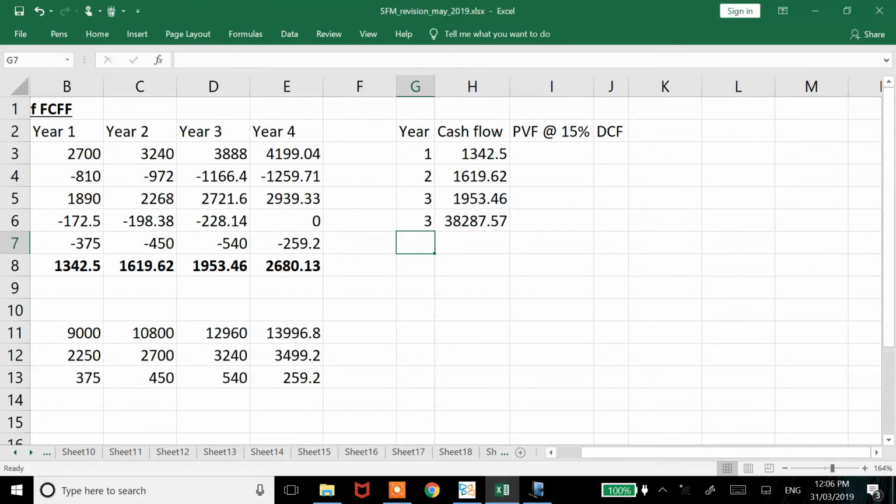In a growing perpetuity, the formula is D4 by KO minus G. It's KO here, it's not KE. D4 can be FCFF4 also. You can keep changing the formula: FCFF4, EPS4, FCFE4. So the cash flow of the 4th year is 2680. I divide it by 15 minus 8.